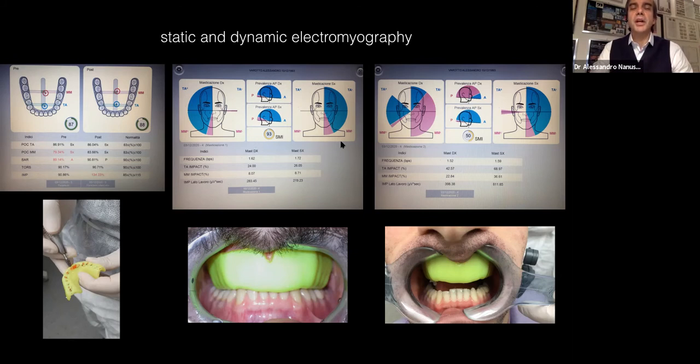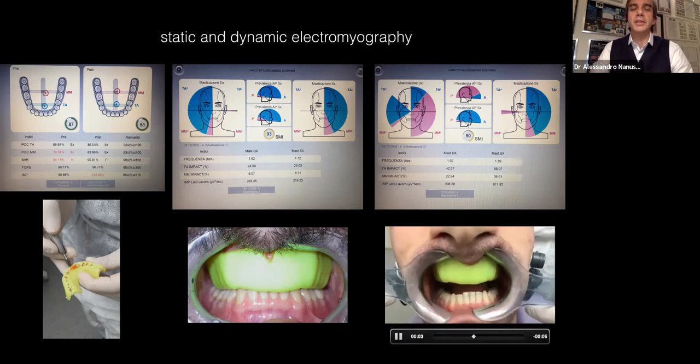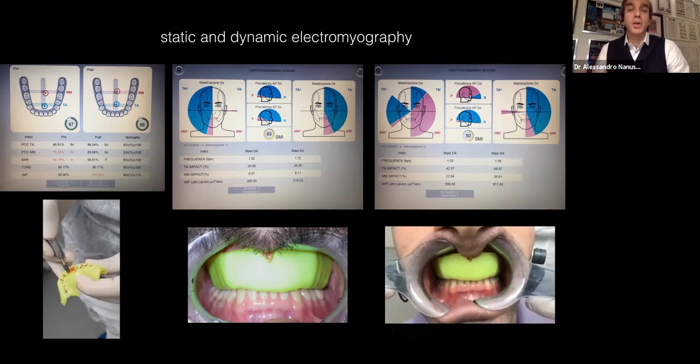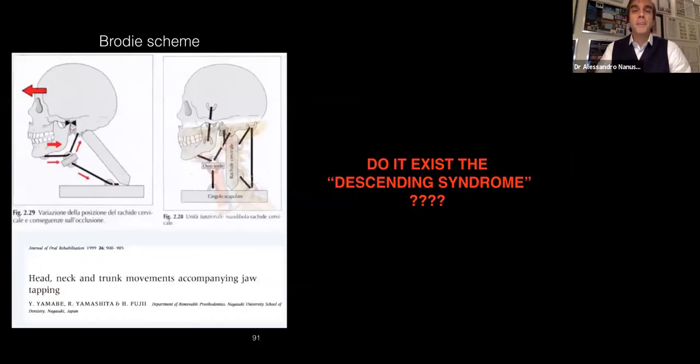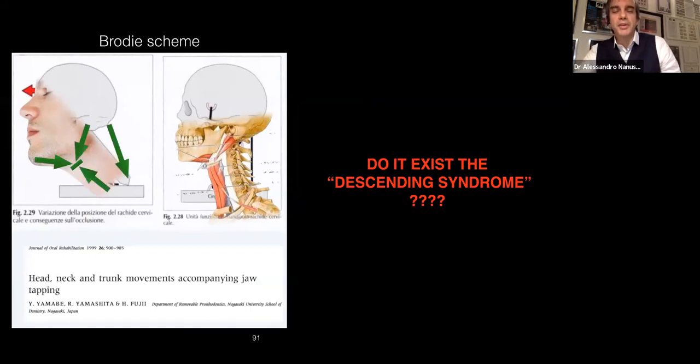This patient has some problem chewing with the mouth guard. Some athletes need to eat during the performance if it's an endurance performance. Does the descending syndrome exist? Yes, it exists. It's not so easy to find papers in the literature, but there are.